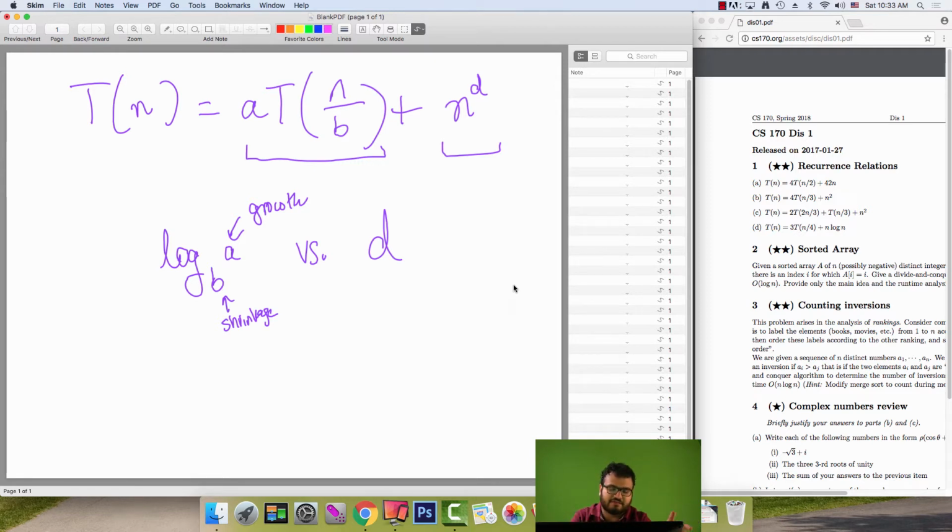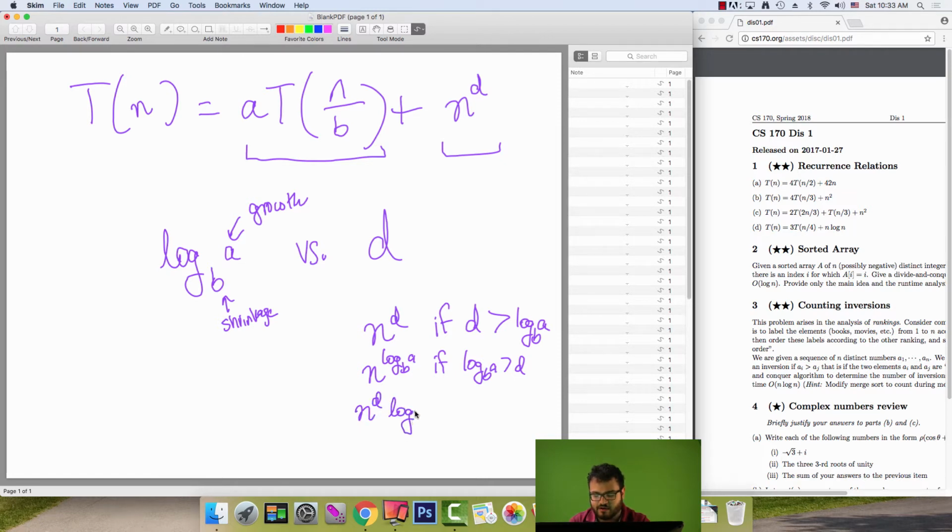And then it turns out that the final runtime, depending on which of these two is bigger, is n to the power d if d is greater than log base b of a. It is n to the power log base b of a if log base b of a is greater than d. If they are equal, then it is n to the power d times log n.